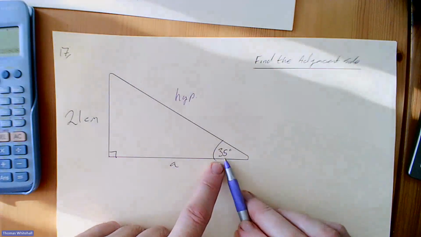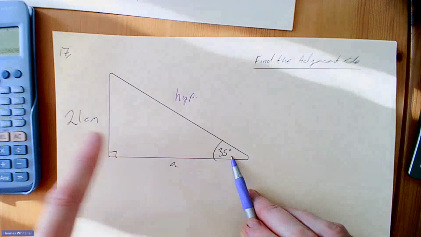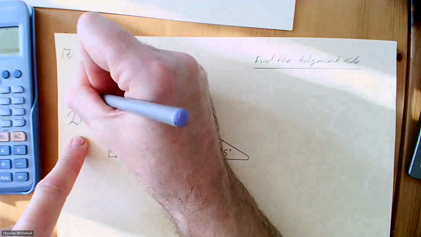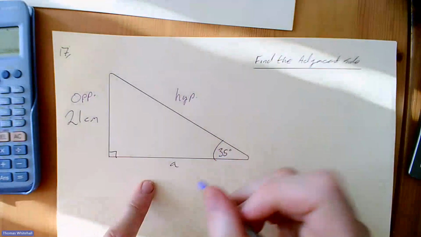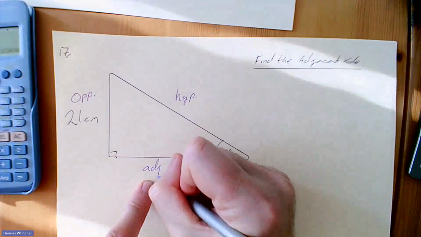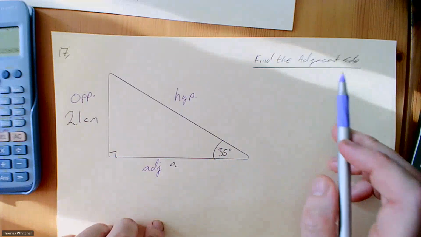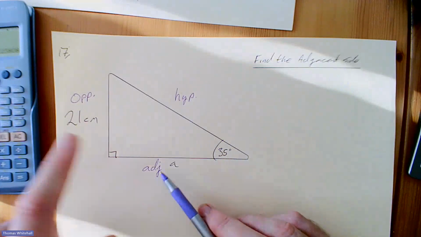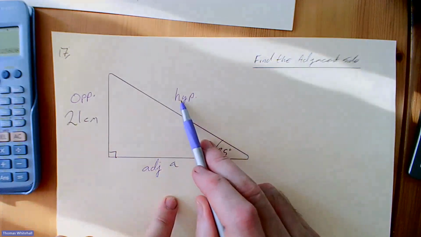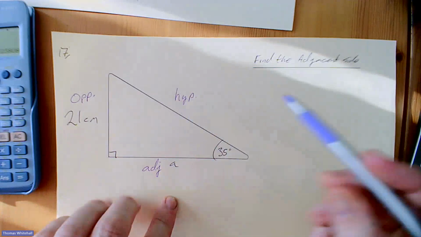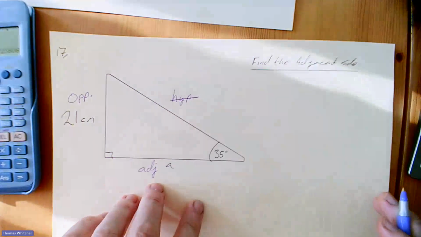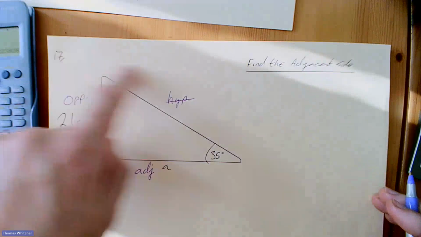Our included angle is back in this corner now, so this is the opposite, which means this is the adjacent because it's next to the angle. We're asked to find the adjacent, and we're given the opposite. We're not interested in the hypotenuse, so I'm going to put a line through that. So step one is done, labeled.